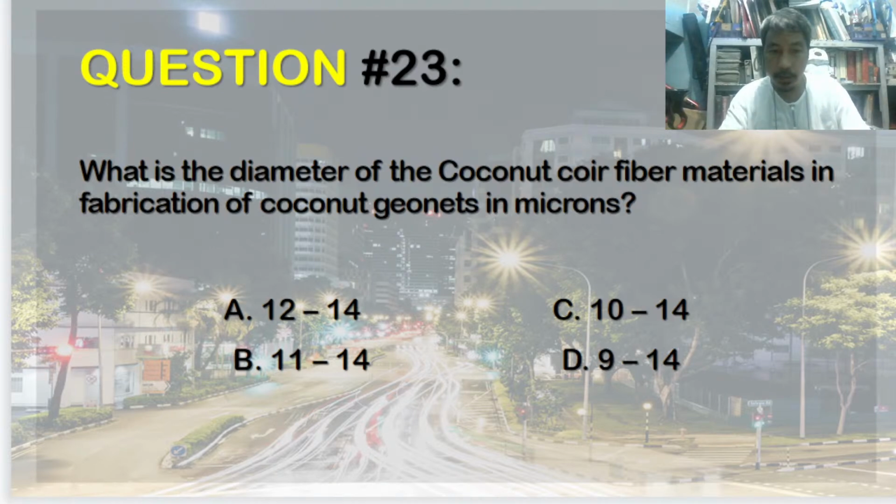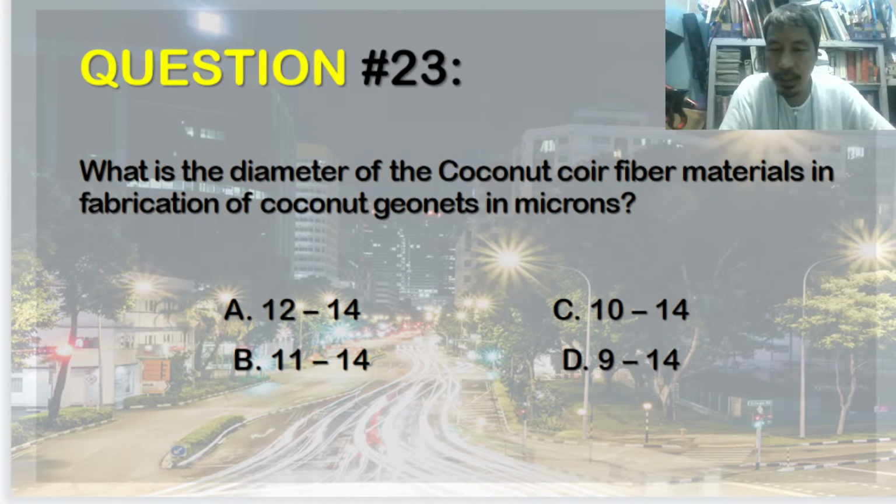And I will check if there are questions in the chat box. If there are no questions, there are answers in the chat box. So do not say A or B. Include the question number. Question number 23, question number 24. How do I know if that is your answer for number 1 or number 2?